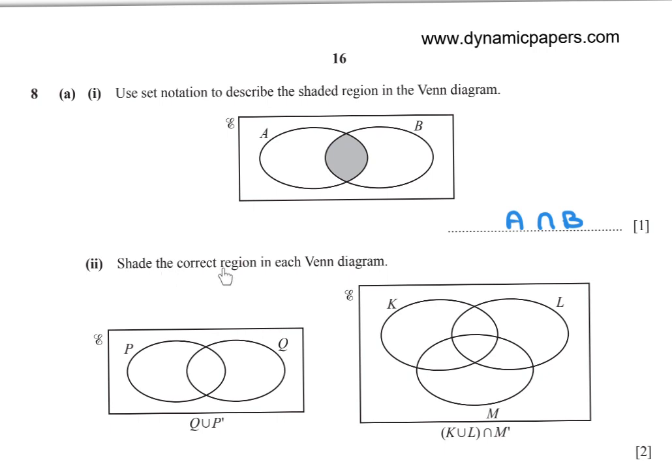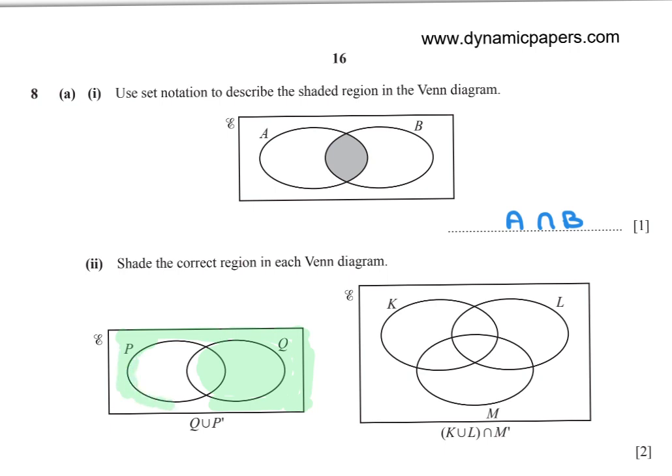Part two: shade the correct region in each Venn diagram. Q union not B. This means all of Q and all the region around B. So we need to shade all of Q first, and all the region around B, because not B. So the region around B is this, and this is the answer.